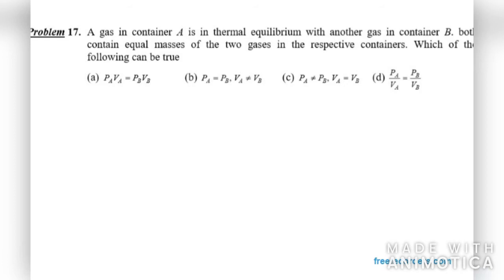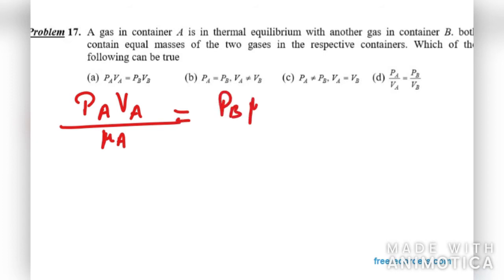As you know, if I consider the ideal gas equation, and we have two gases here, I will name them A and B. So PA VA over mu A equals PB VB over mu B. As the temperatures of the containers are equal, we can write this equation.